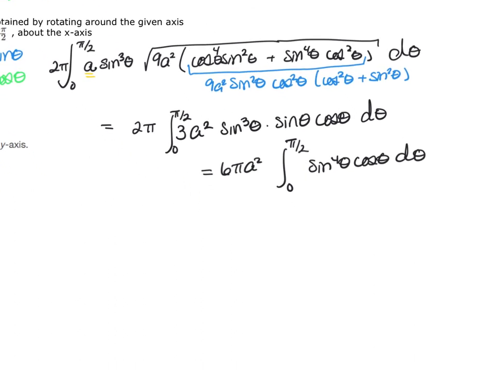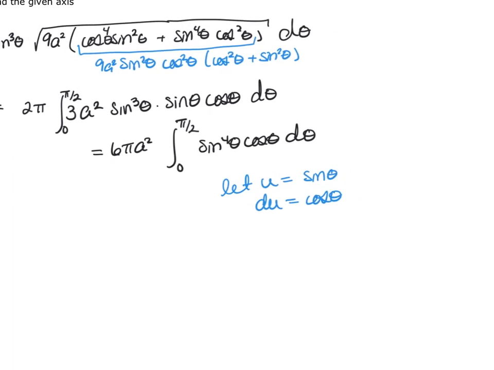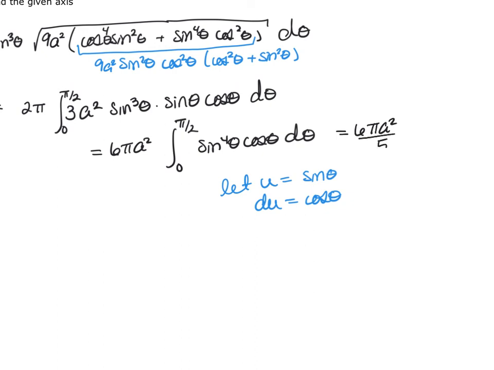And if I do u substitution and say let u equal the sine of theta, then du is going to give me the cosine of theta. And so what I have is 6 pi a squared divided by 5, times the sine of theta raised to the 5th power, evaluated from 0 to pi over 2.